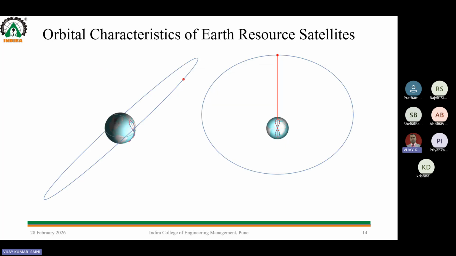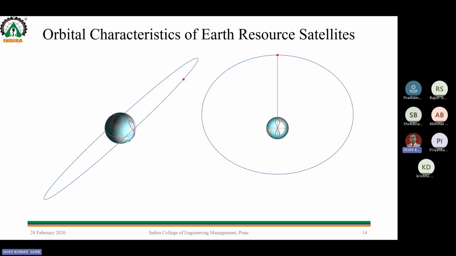I have also put up another image. You can see the Earth is moving in a somewhat tilted way, and the satellite is also moving in that particular way. This is a good example to understand how satellites and the Earth are rotating and how the different concepts work. I hope this geostationary part is clear to all of you, right?